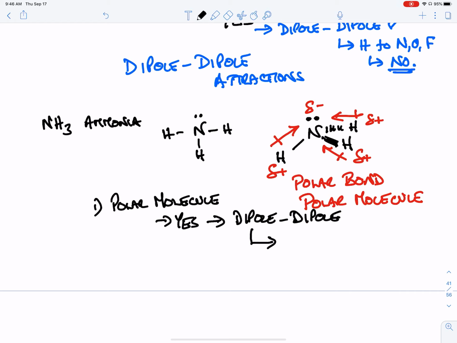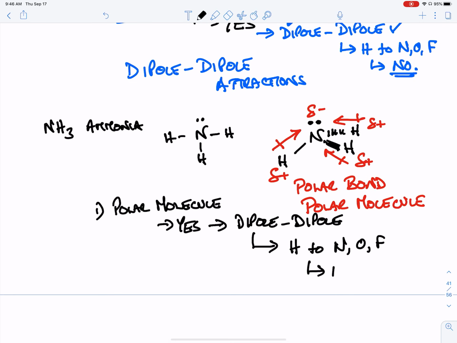And because of this, we then always ask the question, well, is hydrogen bonded to NOF? And in this case, hydrogen is indeed directly bonded to nitrogen. Hydrogen bonded directly to nitrogen. Because of that, this is a special case of hydrogen bonding.